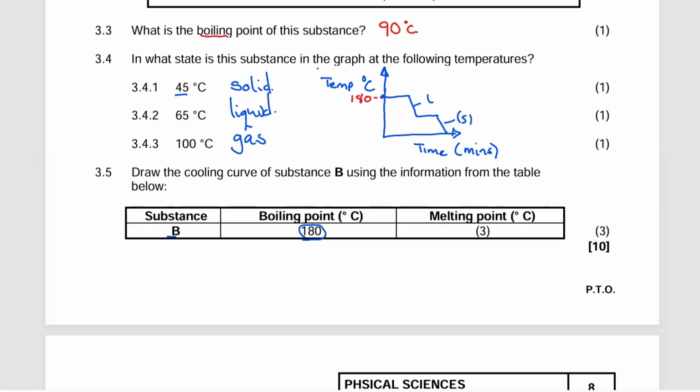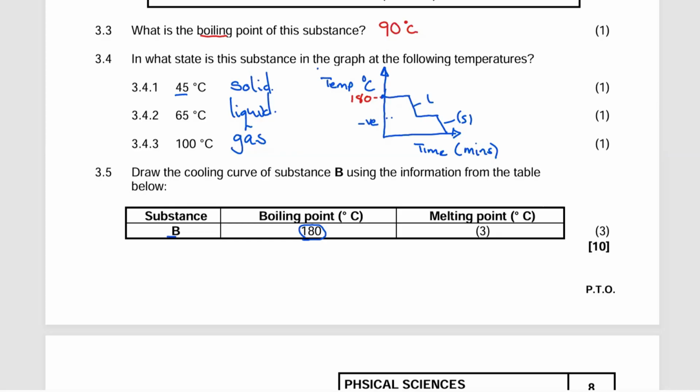So this is a liquid, and then a solid going down like that. At the end of the day we're going to have a shape like this, and then here we're going to have a temperature heading towards the negative. I'll just say negative there. Those are the things they are looking for.